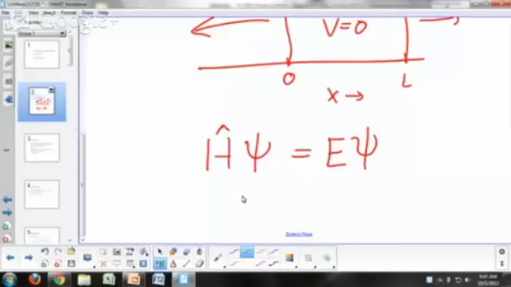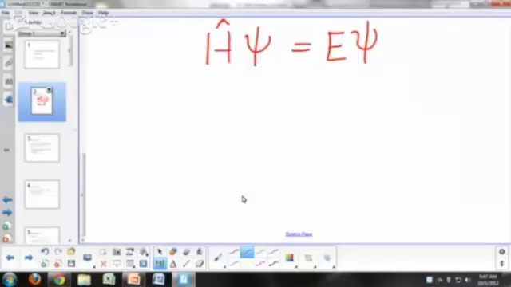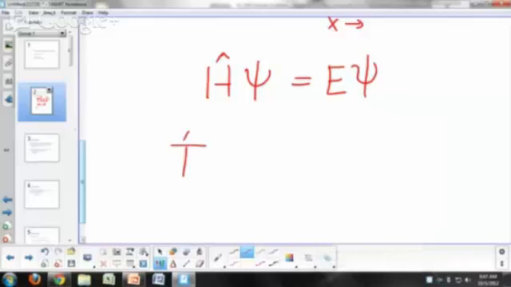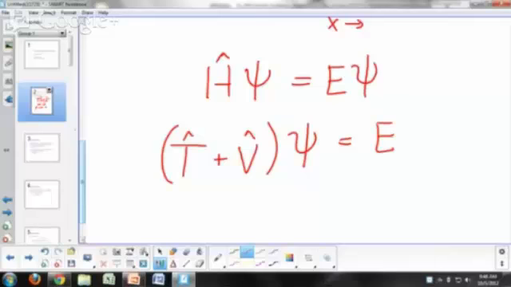So what's our Hamiltonian operator for inside the box? The Hamiltonian is the operator for energy, so it's equal to the kinetic energy operator, which we're going to call T hat, plus the potential energy operator V hat, applied on psi. That gives you E, the energy, times psi.